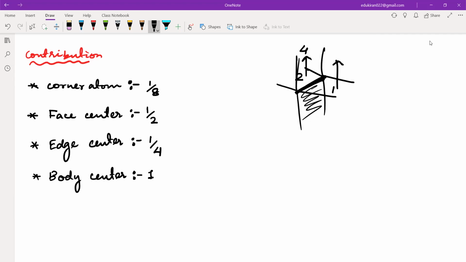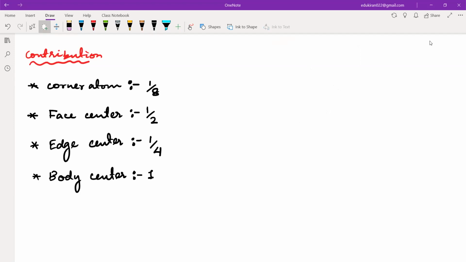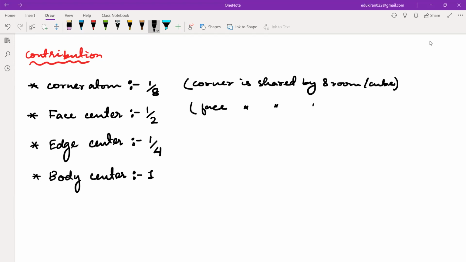So you can write this down, contributions. Corner atom is 1/8, face center is 1/2, edge center is 1/4 and body center is 1. You can also write in brackets, just to remember, corner is shared by 8 rooms or cubes. Similarly, face is shared by 2 rooms or cubes.